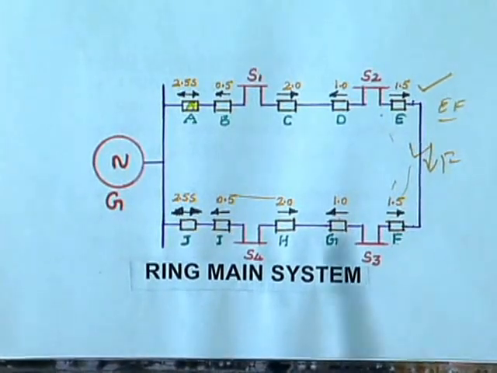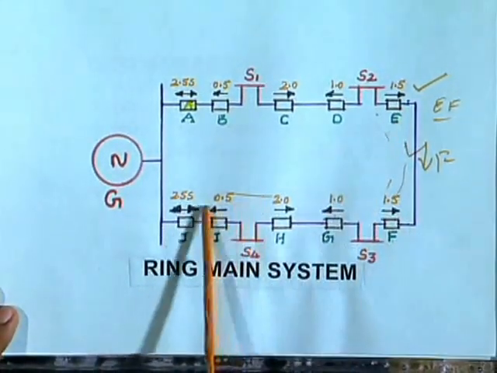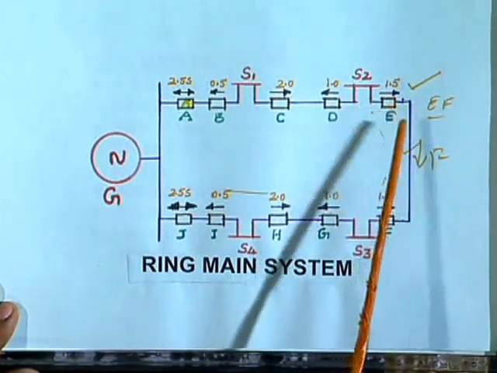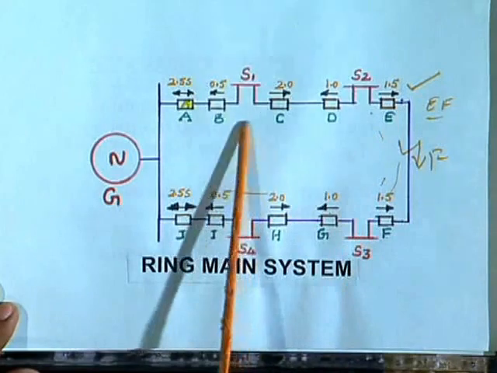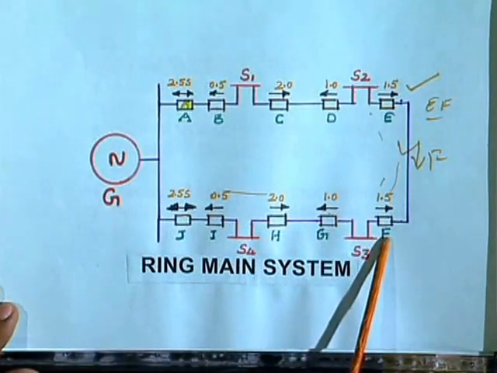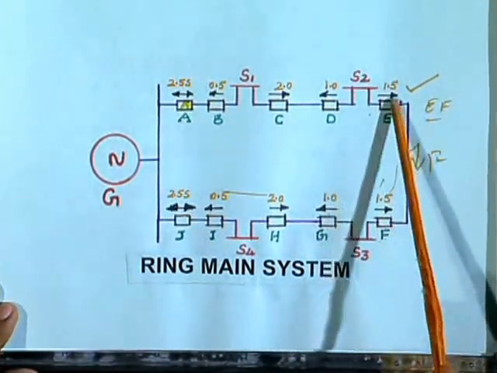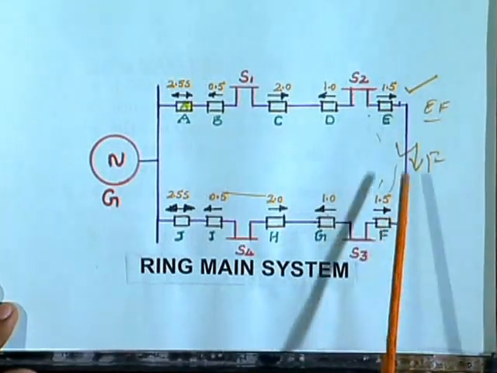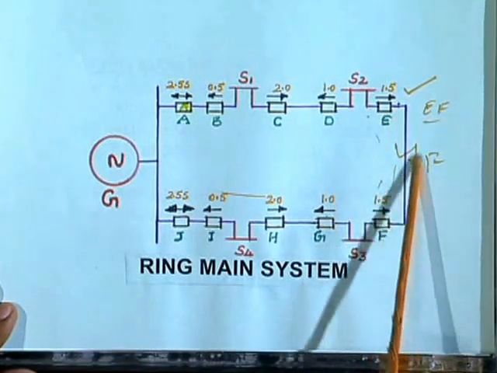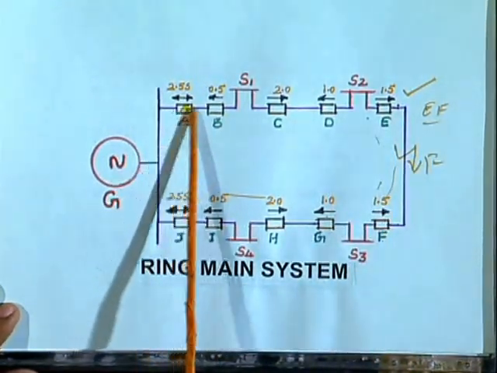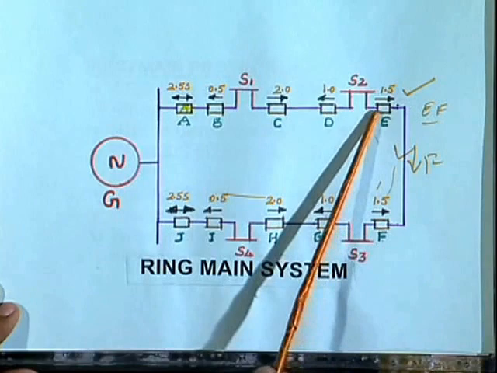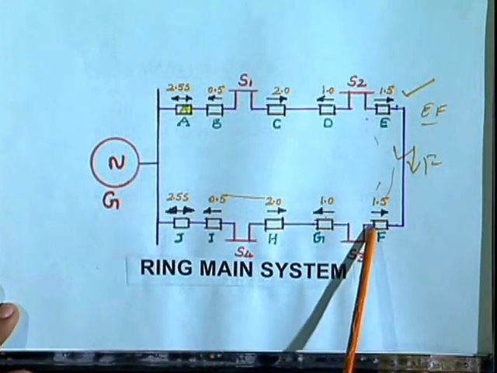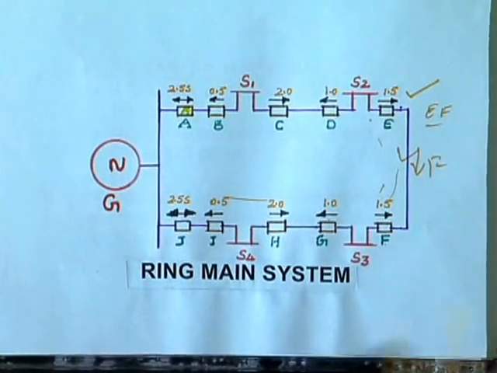So once the relays E and F operate, because the relays have inverse characteristics, if the current flows like this, E will operate. If the current comes like this, then F will operate. In total, the E and F section will be disconnected, that means relay E will operate, relay F will operate, and the E and F section will be disconnected, even though you can have power up to this point incoming of E, and from here you can have power up to the point of F. This is the advantage of the ring main system.